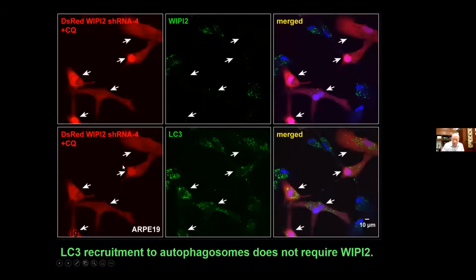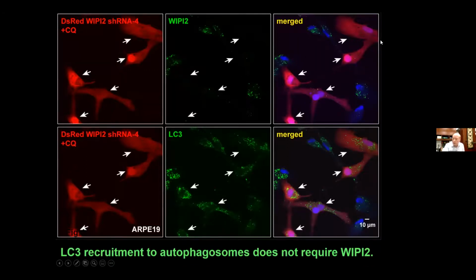And then finally, the LC3 recruitment to the autophagosomes does not require WIPI2. So we can knock down WIPI2 using shRNA in cells that we co-label with DsRed. So all the red cells here are missing WIPI2 as indicated by the absence of staining with the green label of WIPI2 antibodies, as you see in the central panel here.